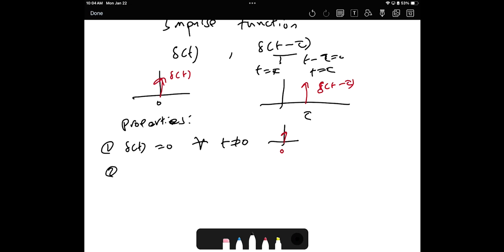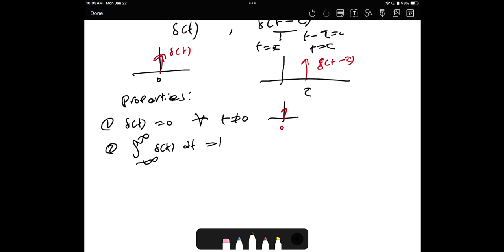Then the integral from negative infinity to infinity of delta of t dt, as we know the integral is the area, and the area of that arrow will be 1. So the integral equals 1 with boundaries from negative infinity to infinity. And the other property is delta of negative t.